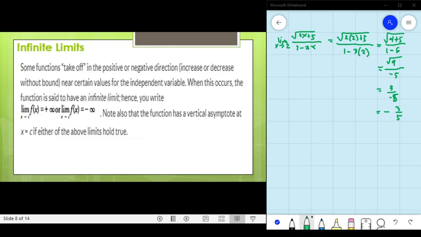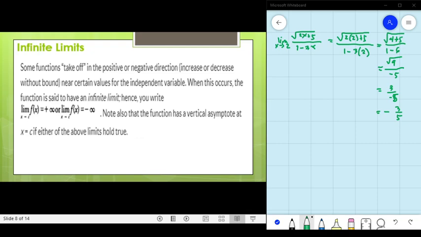So let us first proceed to infinite limits. Some functions take off in the positive or negative direction, increasing or decreasing without bound, near certain values of the independent variable.